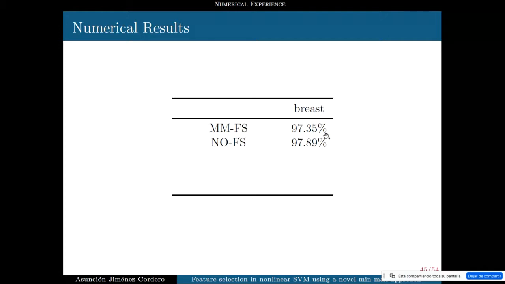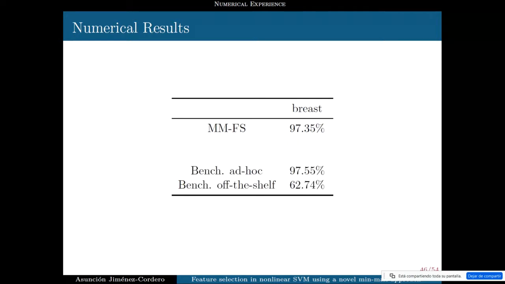And here we can see that both accuracy results are comparable, and this is very good for us because it means that our method is able to extract the powerful information but with a smaller number of features.